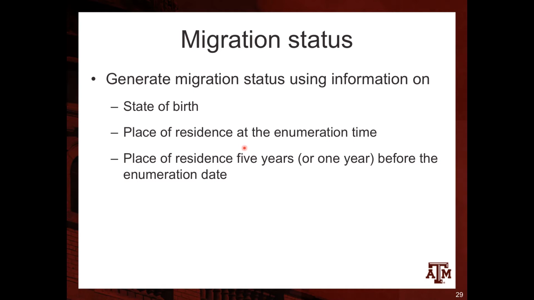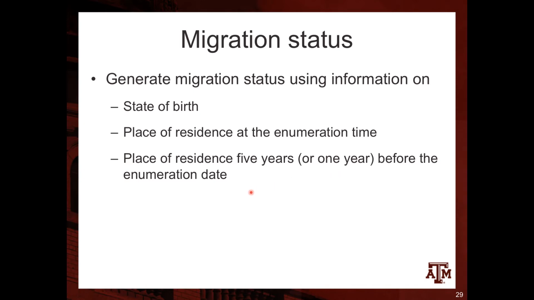So for the 2018 American Community Survey, the place of residence on April 1st, 2018 is information that we can use to estimate migration status, because we compare that place of residence at the time of the survey to the place of residence 1 year before the survey.